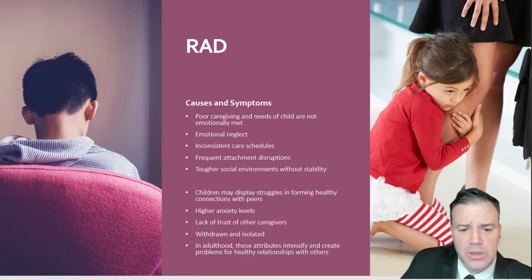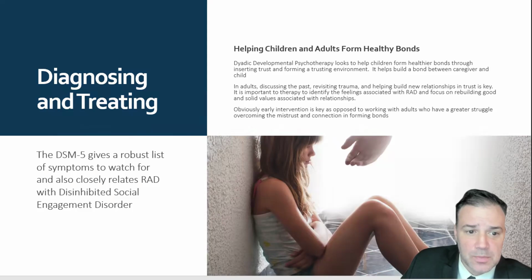Now, in adulthood, these attributes intensify and create, as we pointed out in the previous slide, problems for having healthy relationships themselves. Now, diagnosing and treating, again, we look at those symptoms. The DSM-5 gives a robust list of symptoms to watch for to see if an individual potentially has RAD. RAD is also closely related to disinhibited social engagement disorder.